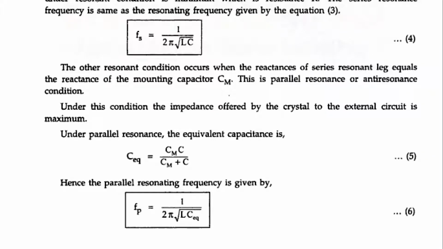Denominator will be Cm, numerator Cm into C. If Cm is much greater than C, the C we can neglect in the denominator. Like 1000 plus 0.001: the 0.001 we can neglect because 1000 is very large. We can say it is nearly equal to 1000.